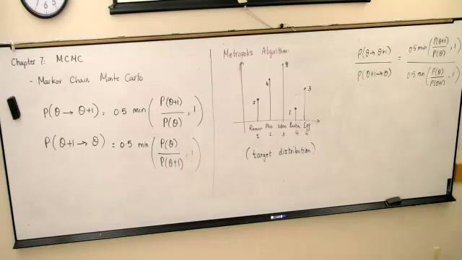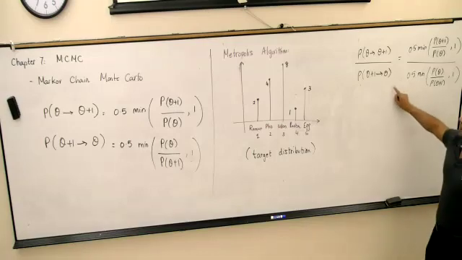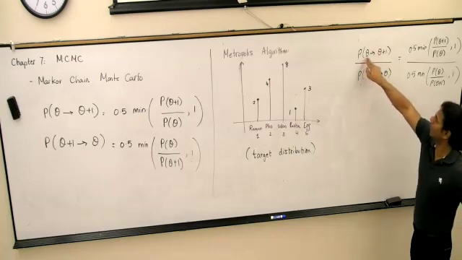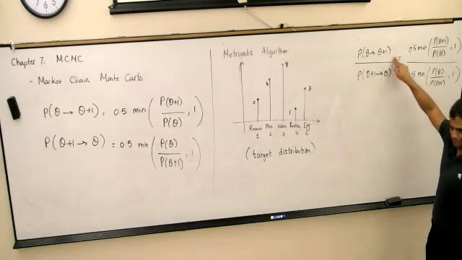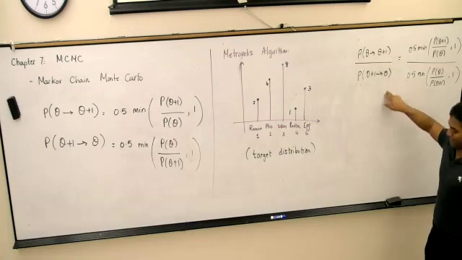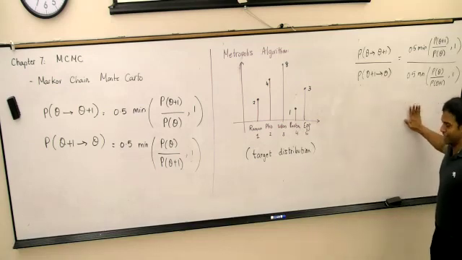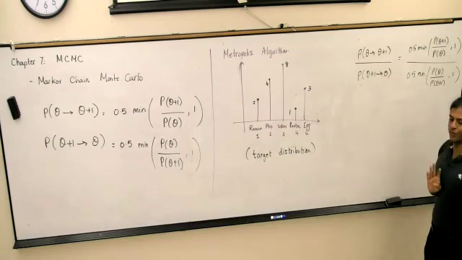Now, the proportion of you going from θ to θ plus 1 divided by the proportion of you going from θ plus 1 to θ. Eventually, it has to converge to what value if you are at θ? 1. They'd be the same.